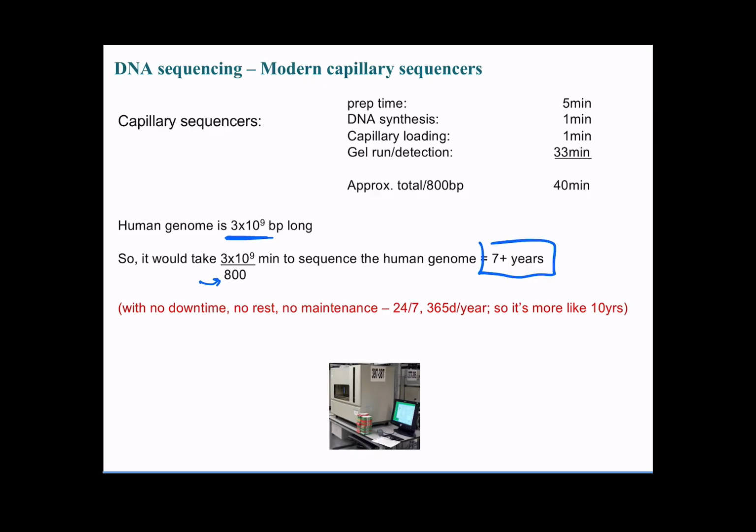So you think, well, these guys were committing to about 10 years to sequence the genome. But the trick they used is that all of this that I just said, that it would take about 40 minutes and about 10 years for capillary sequencing to finish a human genome, is if you're using one machine.